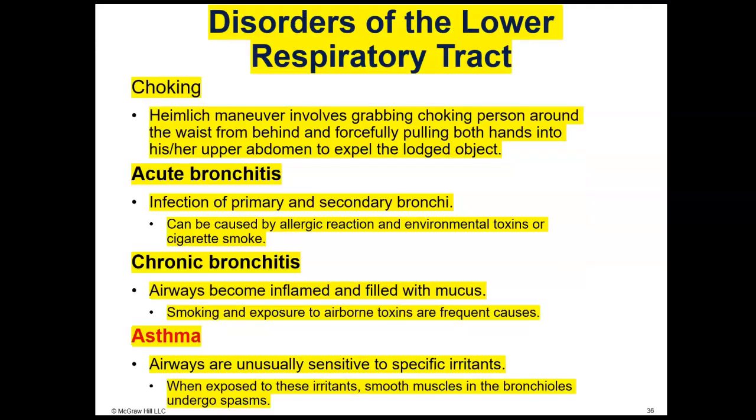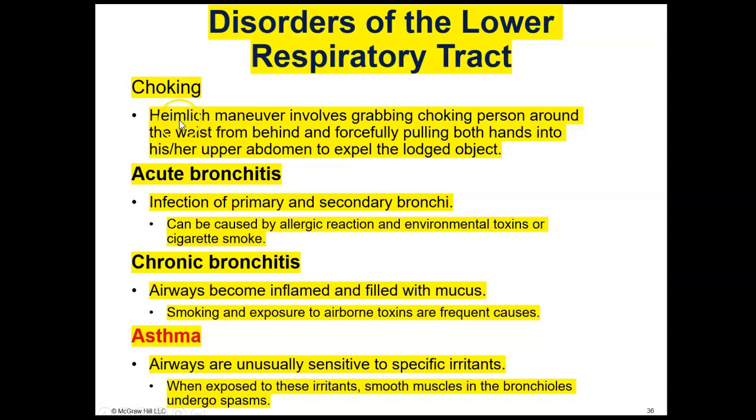Now, lower respiratory tract. A person, of course, can be choking because the epiglottis failed to prevent the food from going down into the windpipe or trachea. And so the food became lodged in the person's windpipe, in their airways.